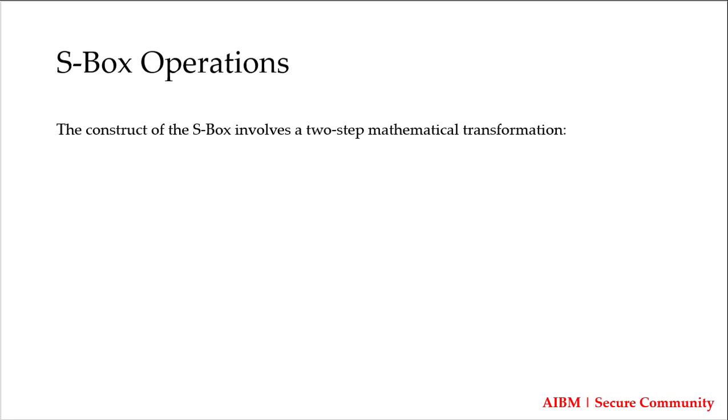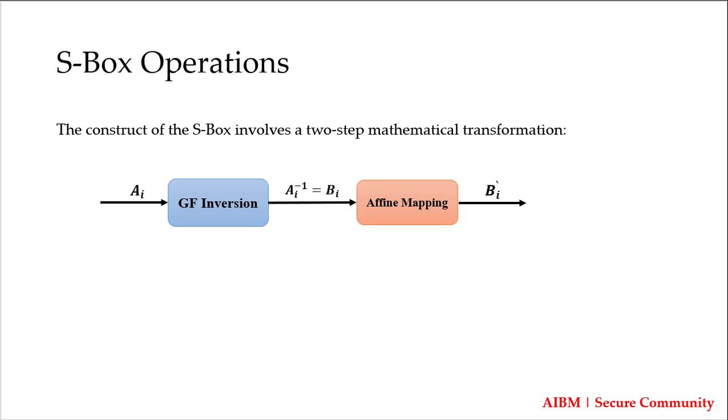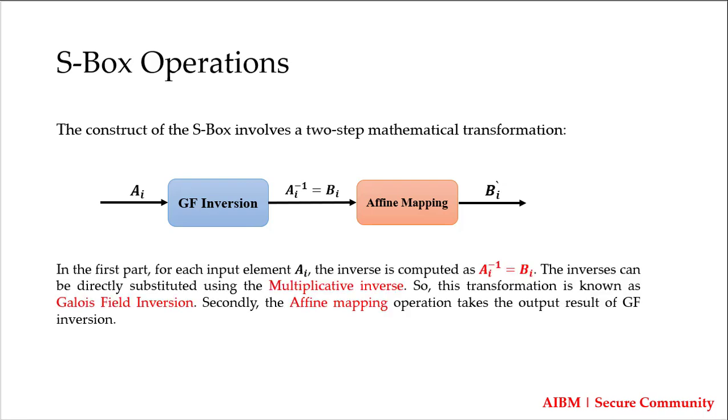To construct the S-Box in the algebraic method, you have to consider two mathematical transformation steps. The first one is Galois field inversion, and the second one is affine mapping. In the first part, for each input A, the inverse is computed.